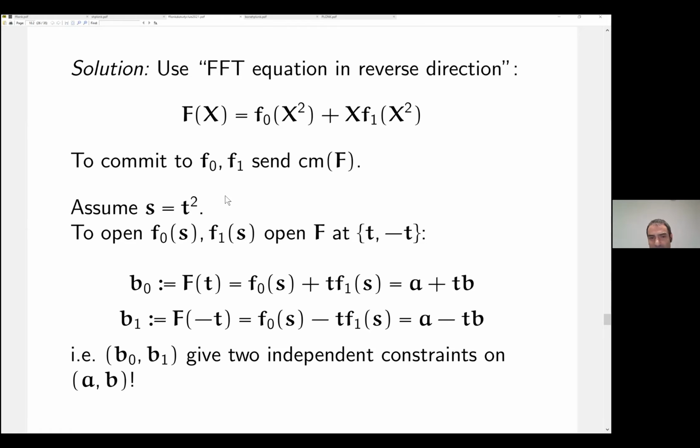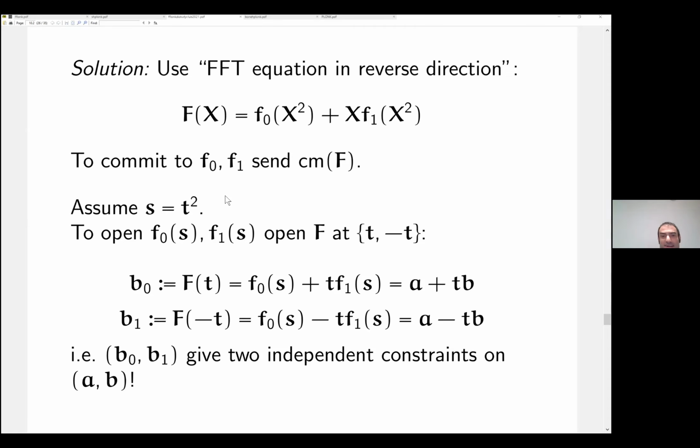Or to be more precise, what will the verifier do? The prover claims these are the right values, A and B of F0 at S and F1 at S. So using these A and B, the verifier will compute a unique B0 and B1 from these equations.